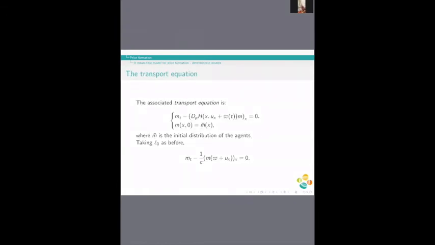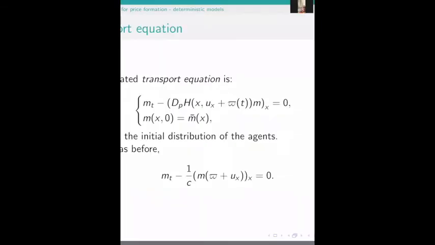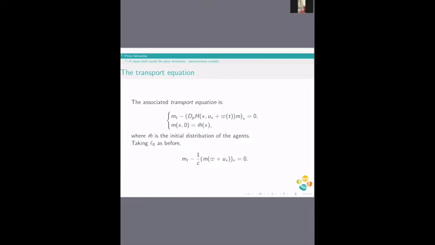Now, associated to this, what you have is a transport equation, because the agents are going to use the optimal feedback, which is this one, and they are being transported. So the idea is that you have multiple agents.